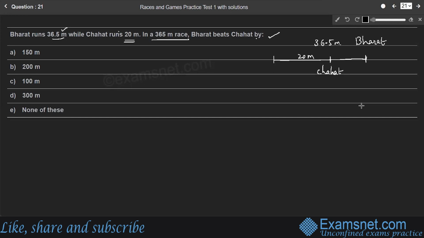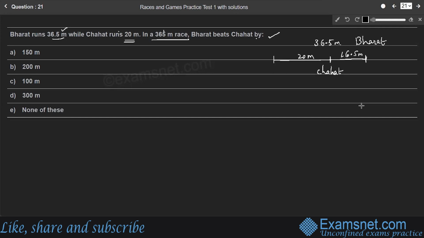That means Bharat beats Chahat by 36.5 minus 20, which is 16.5 meters. Bharat is ahead of Chahat by 16.5 meters.